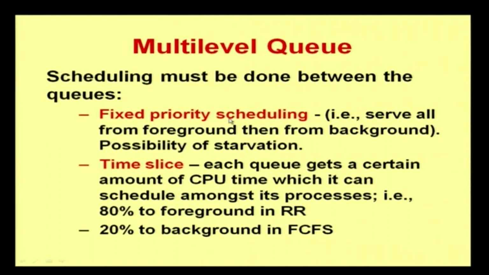In the case of fixed priority scheduling, it results in the possibility of starvation. What do you mean by starvation? Starvation is, supposing it is going to serve all from the foreground first, then from the background. Supposing all the front end screens alone are being served, you type in 10,000 rupees, and at times you would have noticed in the ATM counters that you will be waiting for a pretty long period in order to get the money from the ATM machine.